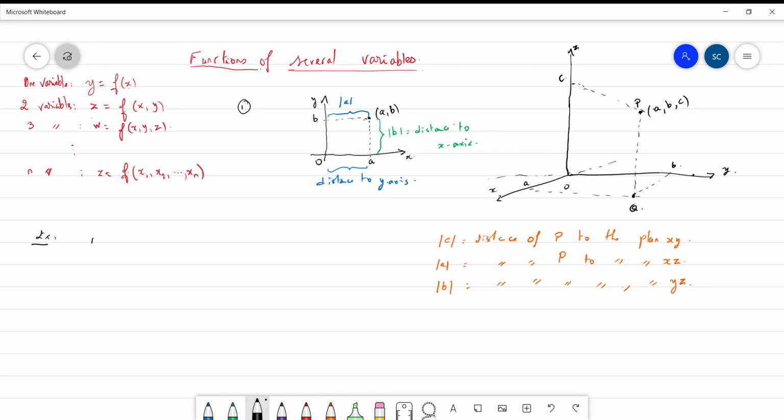So an example quickly. Plot the point (1, 2, 3) in space. First my axes. Here is 1, 2 is the projection point, 2 units.